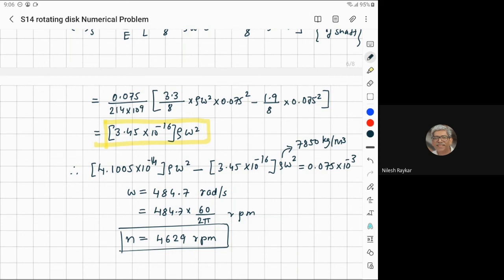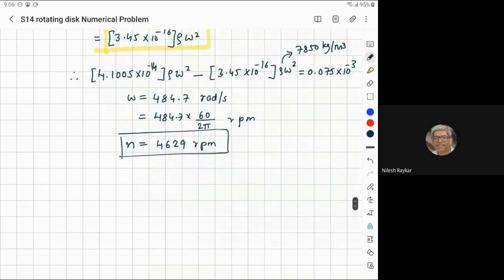The second part of the problem asks what is the maximum circumferential stress in the disc at this RPM. As we had seen in the classroom session, the maximum stress in the disc happens at the innermost point of the disc.